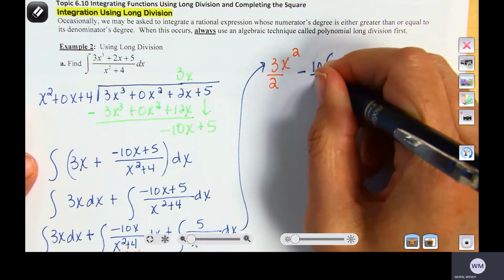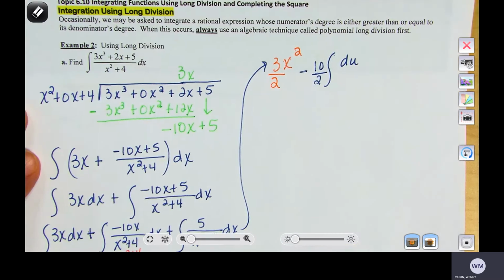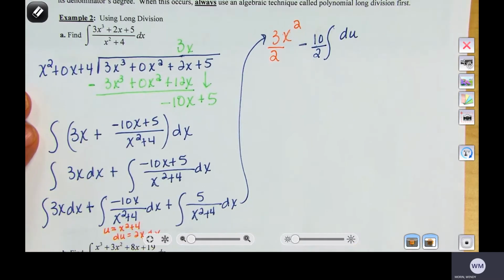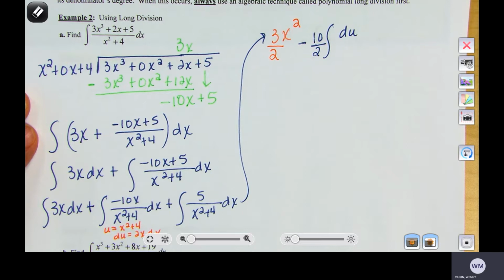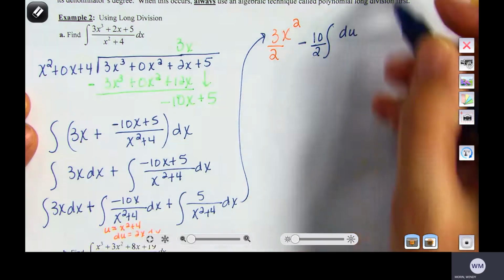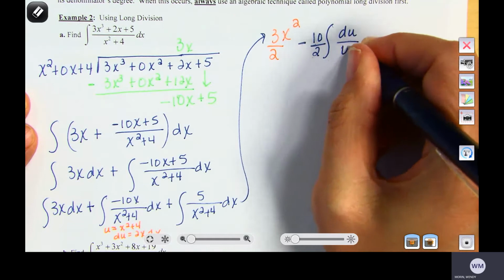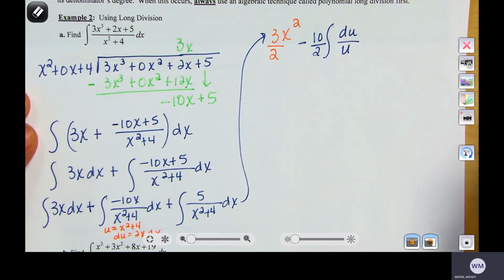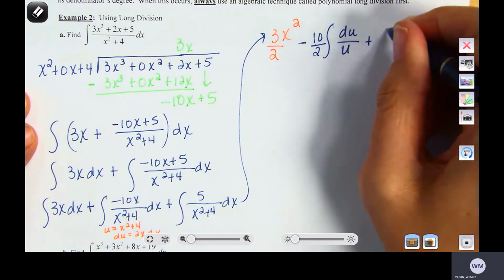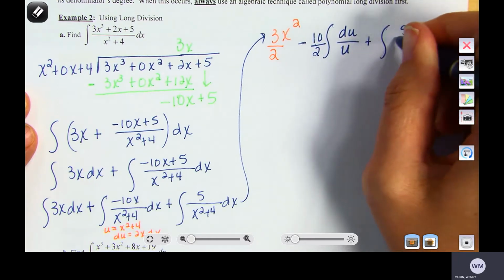Okay. And then x squared plus 4 is our u. I'll work on this one after.